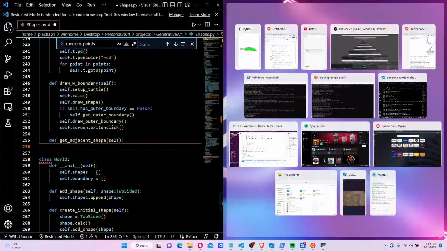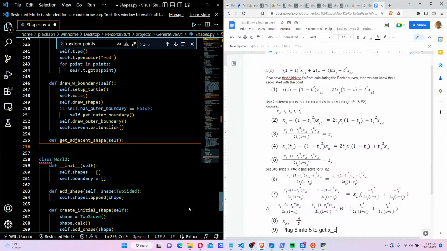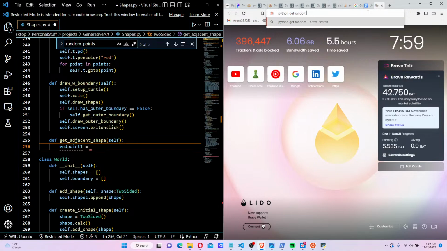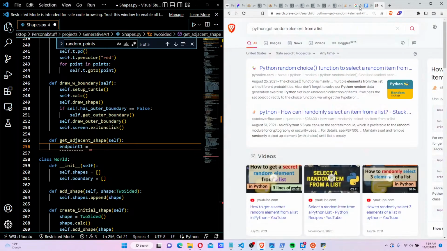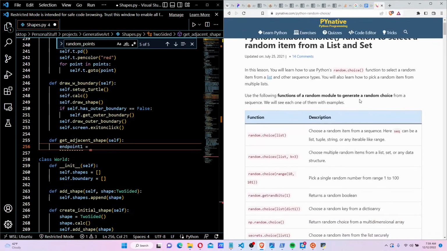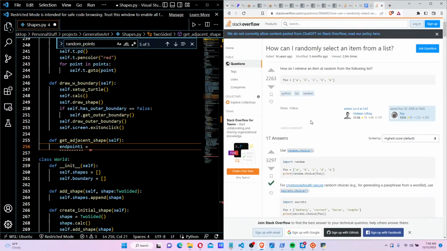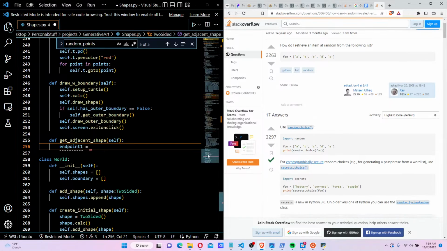I'm going to minimize this. Put that over there. Put this over here. Now, I'm going to say endpoint 1 is equal to, so I'm going to do Python get random element from a list. Import random.